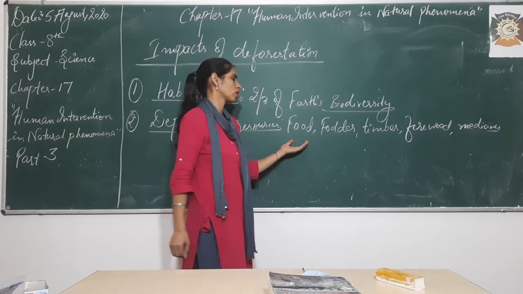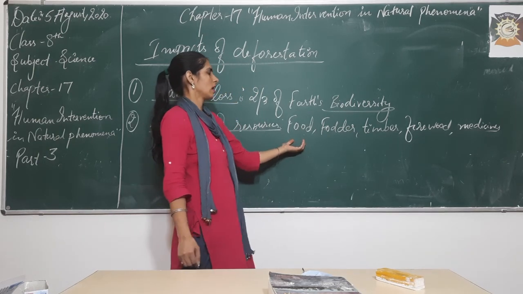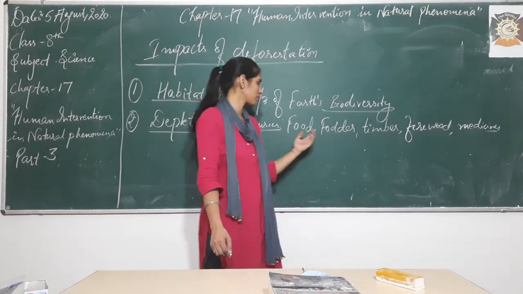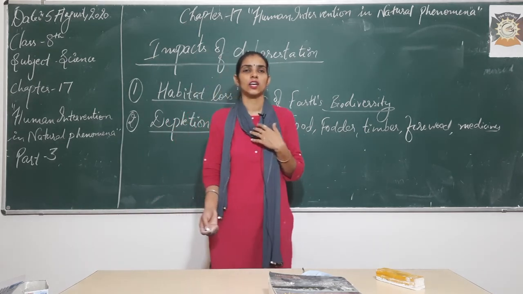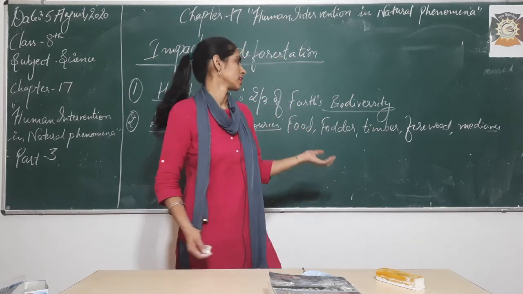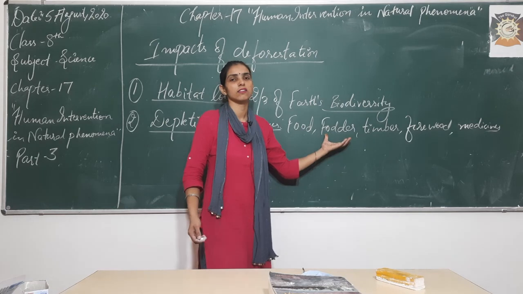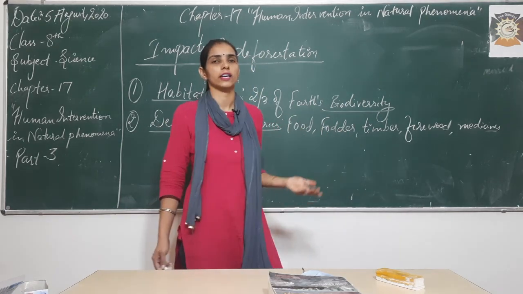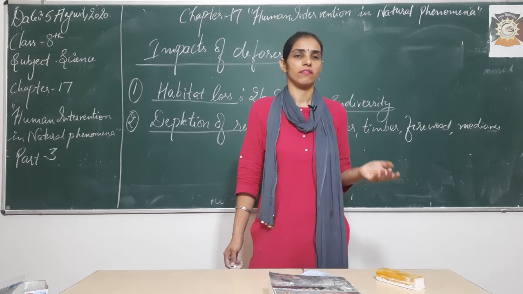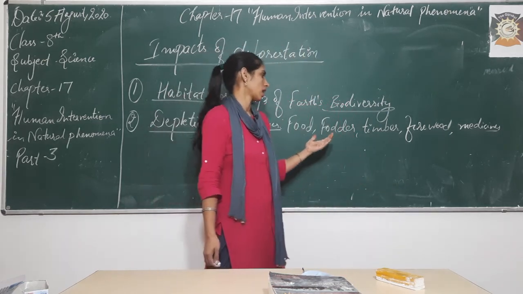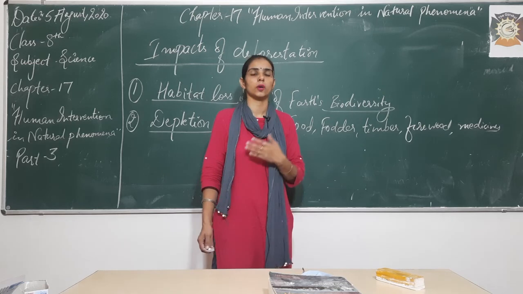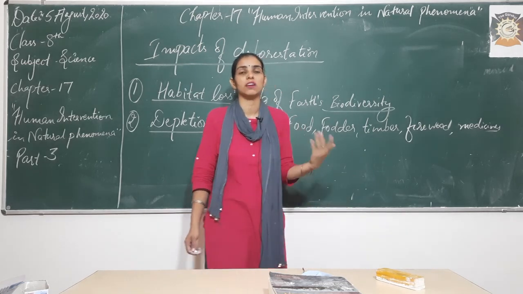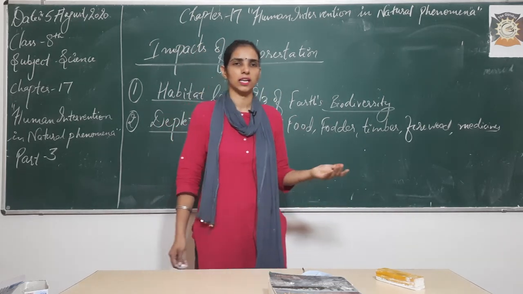So if there is no forest, we will face a shortage of food. There will be no food for us, no food for animals. Then fodder. Fodder means food for animals, like if somebody has livestock at home, meaning domestic animals kept at home which can give you milk or that kind of food.